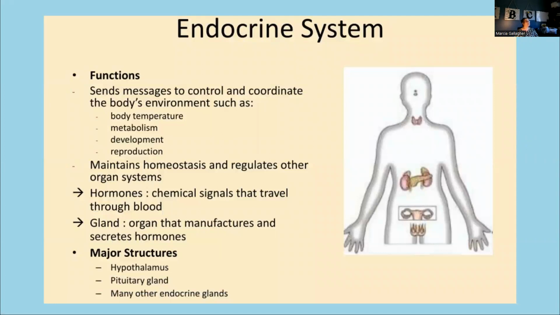Okay, so what does the endocrine system do? What are its functions? It sends messages to control and coordinate the body's environment, such as body temperature, metabolism, development, and reproduction.